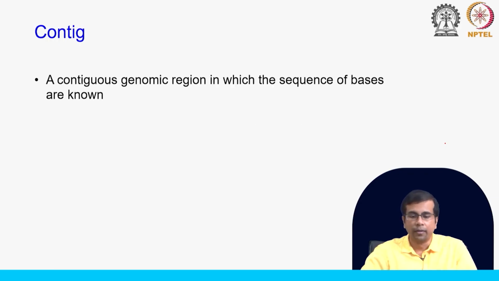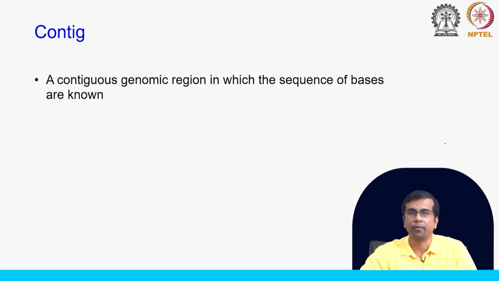Just before we go there, I wanted to define contigs. A contig is a contiguous genomic region in which the sequence of bases is known. So, we know the order of the A, T, G, C in this region, and after the assembly you can get multiple contigs, and you can have gaps between these contigs. Ideally we would like the contig number to be exactly the same as the chromosome number.